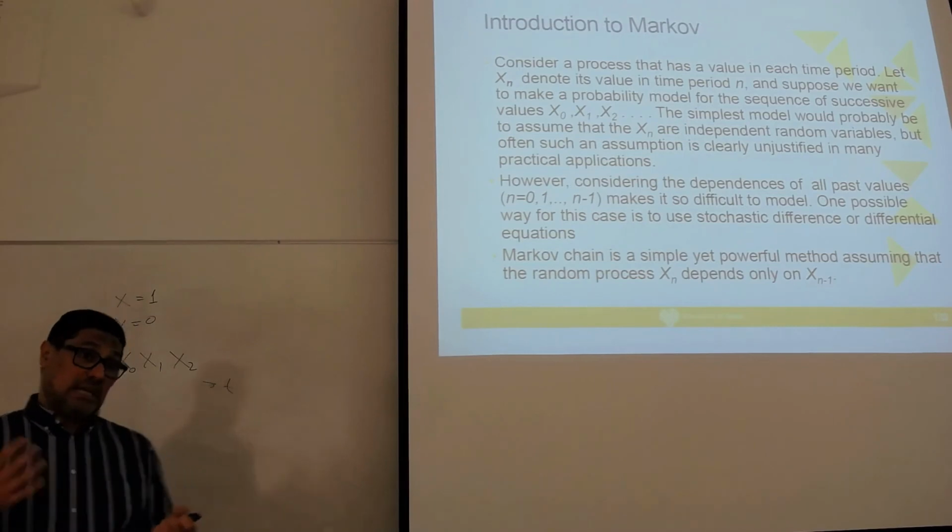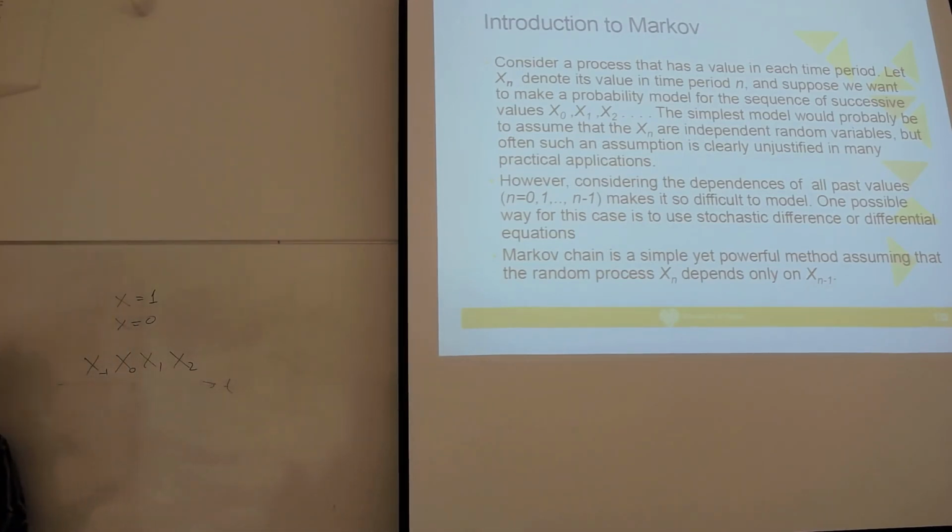Because you cannot justify that tomorrow doesn't depend on today, or that the day after tomorrow will not depend on yesterday, and so on. So actually they depend on each other. They would be independent if they were uncorrelated. But actually the temperature of tomorrow somehow will depend on the temperature of today, and today depends on yesterday, and so on.